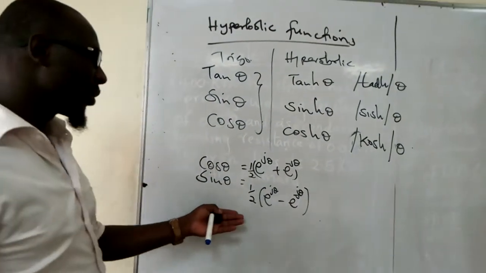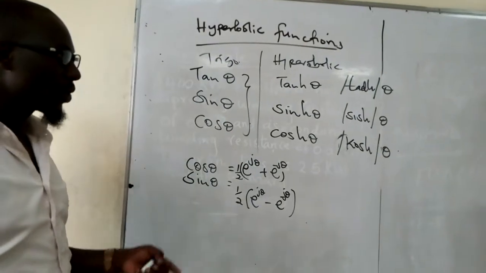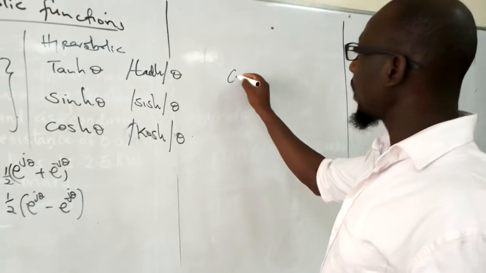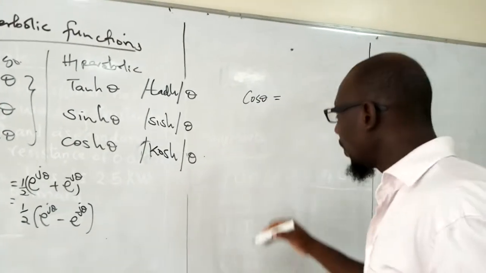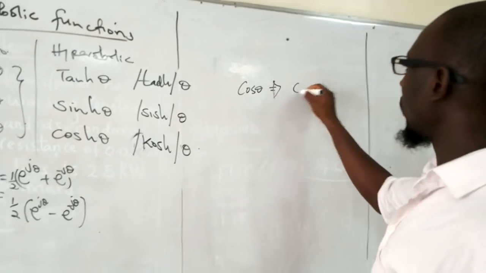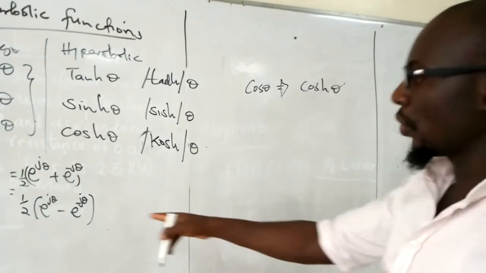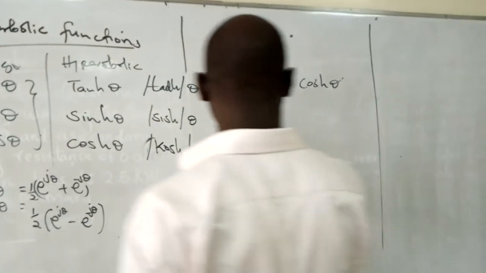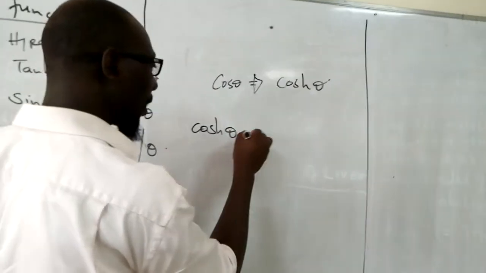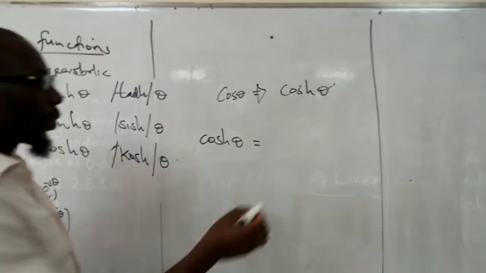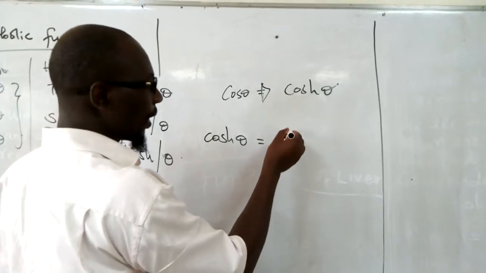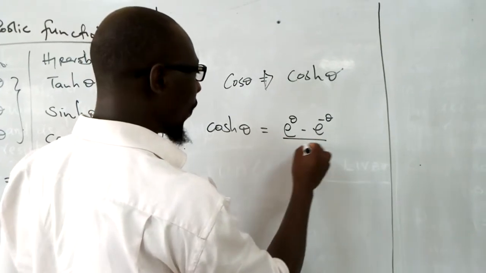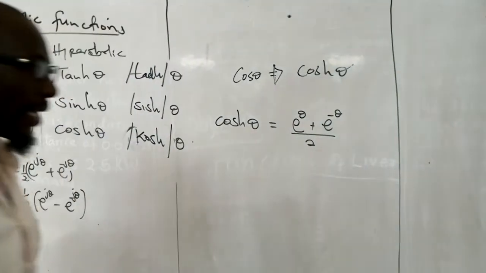So we can do manipulations to these complex variables and get a cosine and a sine of an angle. We found that cosine of an angle theta can be changed into hyperbolic, such that cosh of an angle theta is given as exponential of theta plus exponential of negative theta over 2.